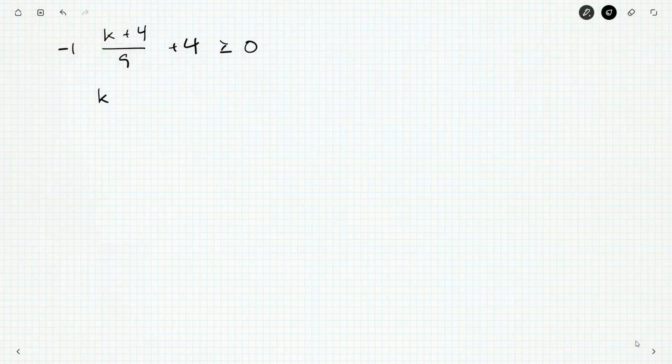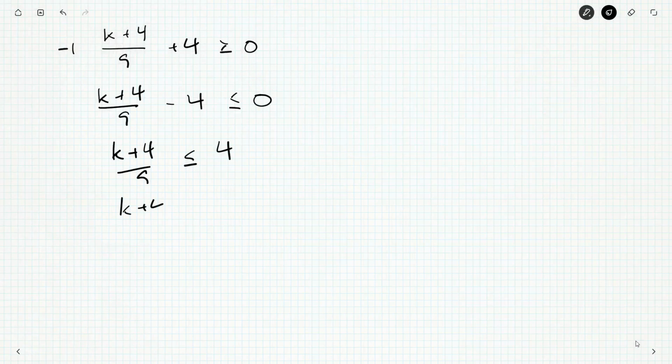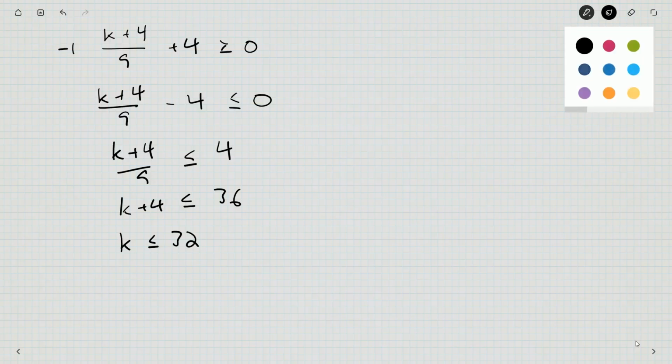So k plus 4 over 9 minus 4 has to be less than or equal to 0. Let's bring the 4 over to the other side. So k plus 4 over 9 has to be less than or equal to 4. K plus 4 has to be less than or equal to 36. So k has to be less than or equal to 32. So there's that expression.